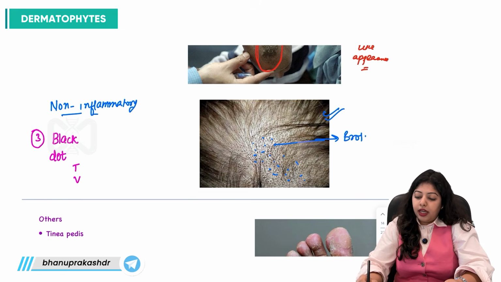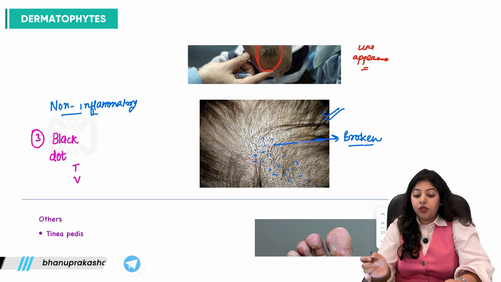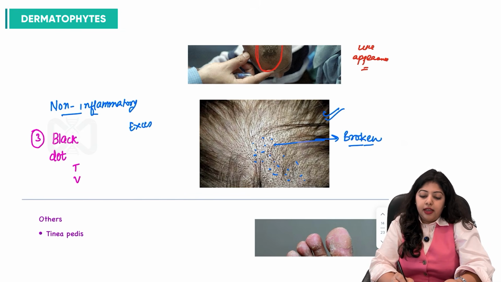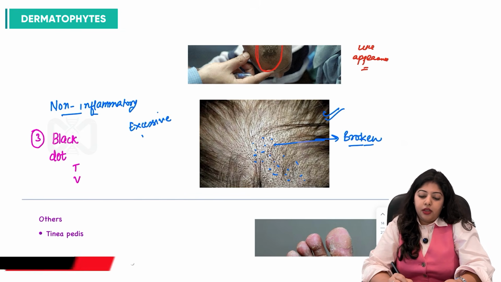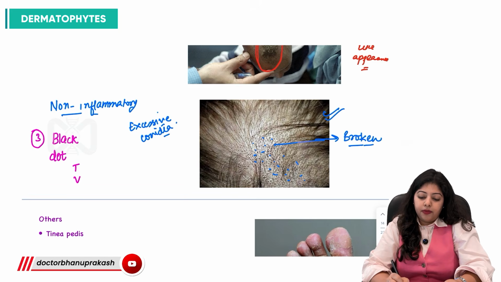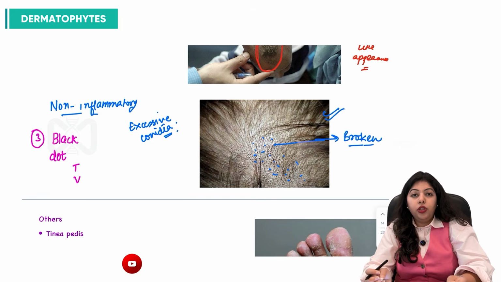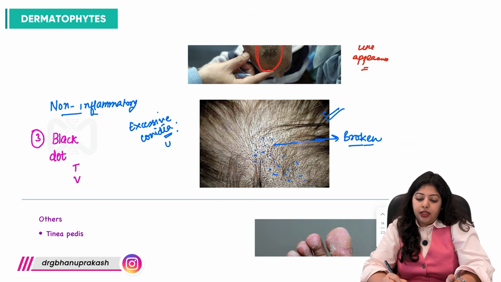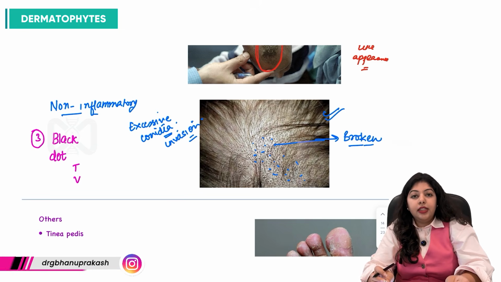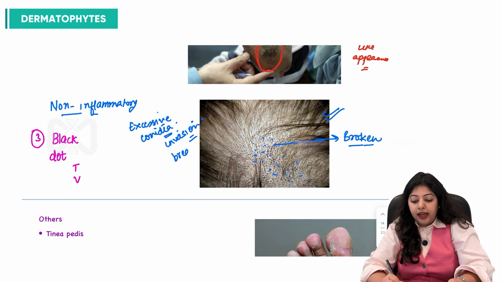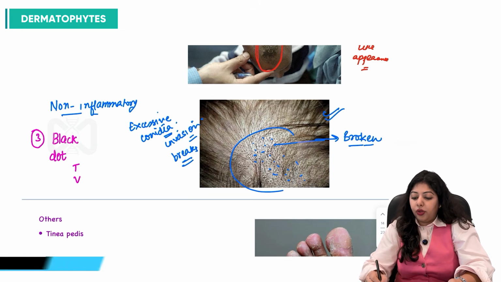They are not uprooted, but broken because of excessive conidia proliferation, or the hair shaft is invaginated, with a lot of conidia invasion occurring because of the excessive growth of these conidia. So the hair follicle doesn't uproot but it breaks, and this gives an appearance of black dot, right?